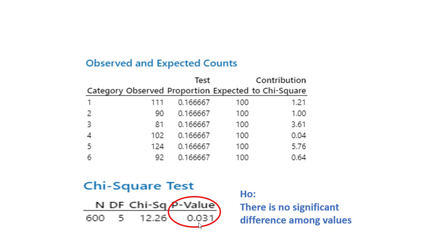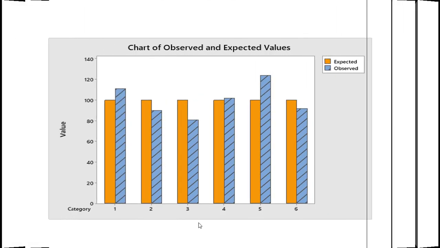Notice that this is low compared to 0.05, which we usually compare with. So P is low, H null must go. So in that case, we reject the null hypothesis, and we conclude that our data are not distributed similarly. Okay, so there is a significant difference among the values. We reject the null hypothesis.